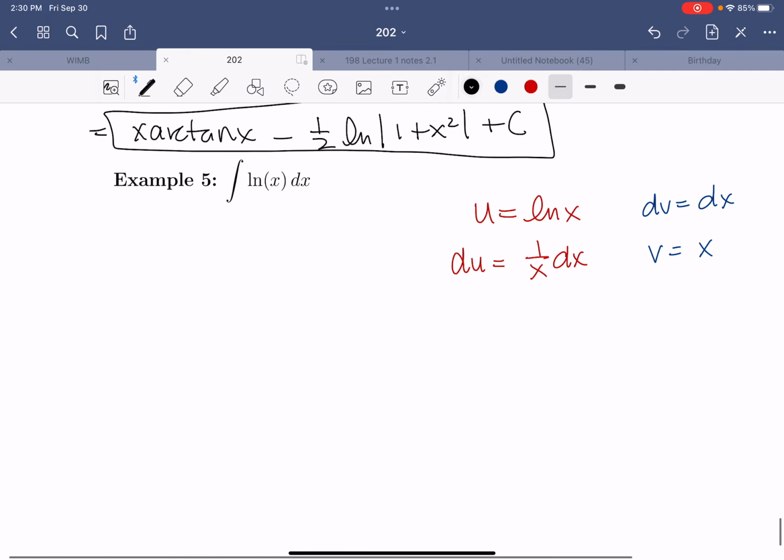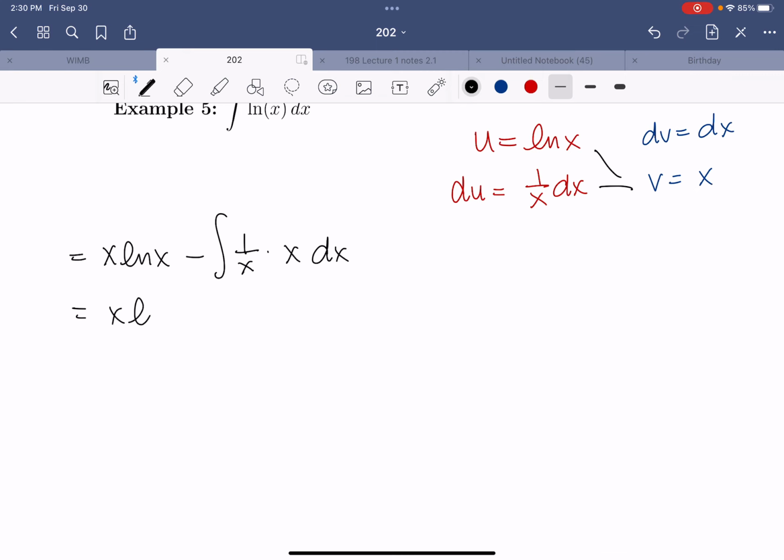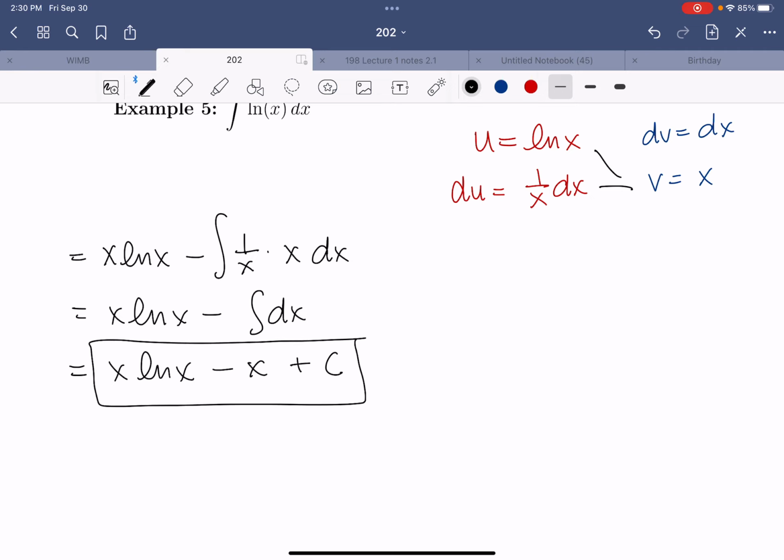So then when we put this together, this is along the diagonal x ln x minus the integral of 1 over x times x dx. And that simplifies to just the integral of dx, which is a 1, and the antiderivative of 1 is x, so minus x, and tack on our plus c because it's an indefinite integral.